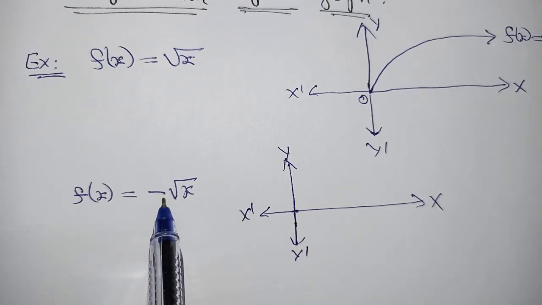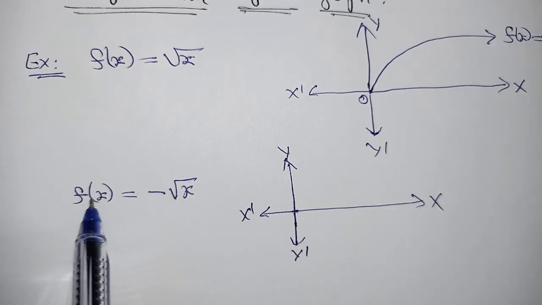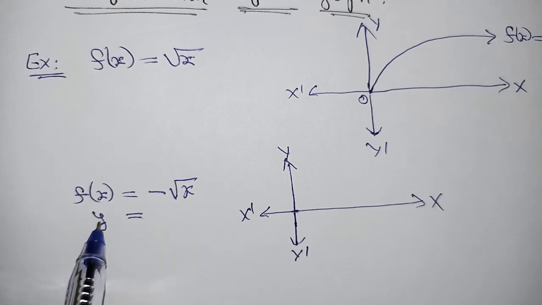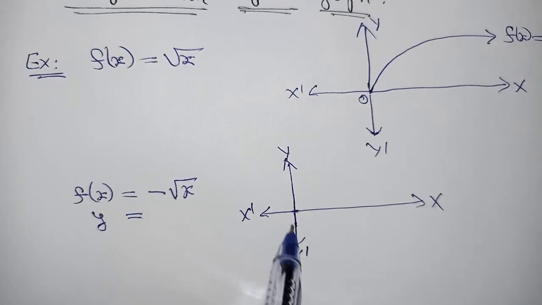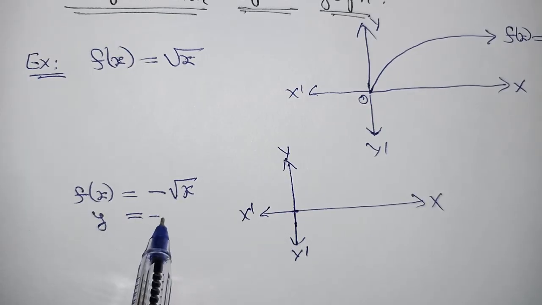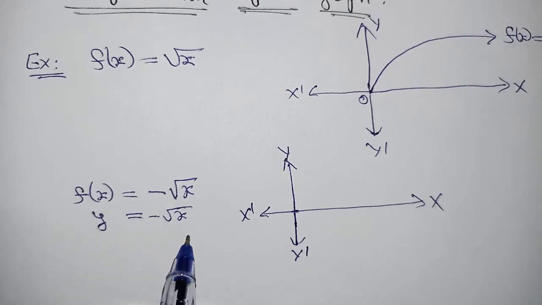Whenever you take the negative sign, f of x is representing y. So we can also write it as y equal to minus square root x. So the value of x is the same, nothing is changing, but the outcome is y.